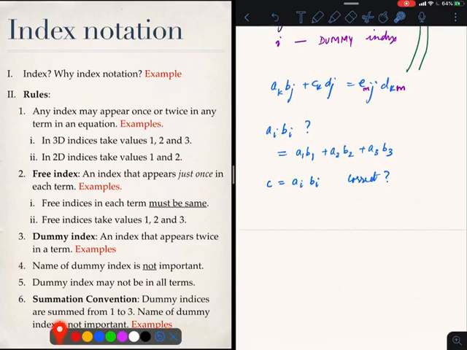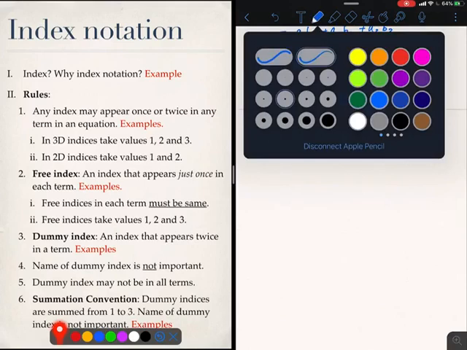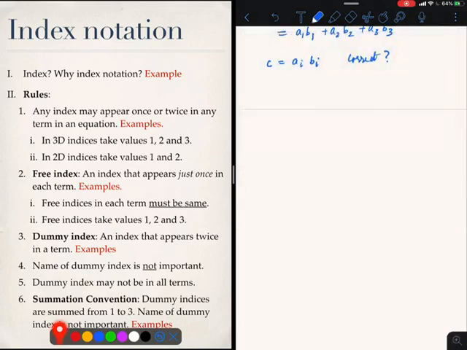Let me give you some more examples. How about this equation, A_i B_j equals C_i? Is it a correct or an incorrect equation?